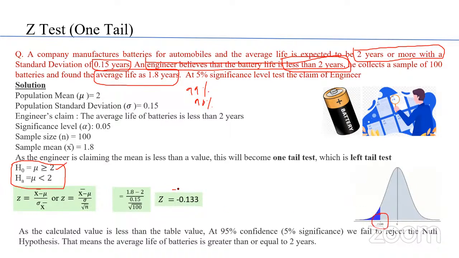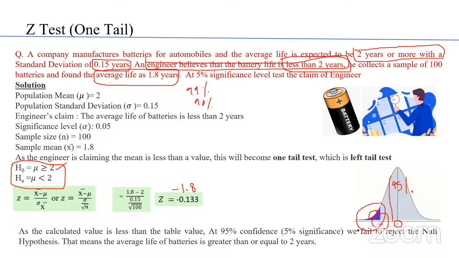Suppose the calculated value was minus 1.8, we would have rejected the claim of the engineer. But in this case, the normalized mu value is 0, and the value we calculated is falling here, in the 95% zone and not the 5% rejection zone.